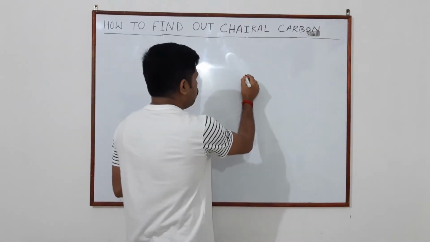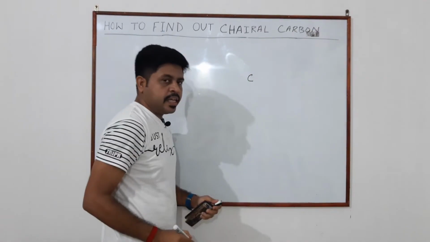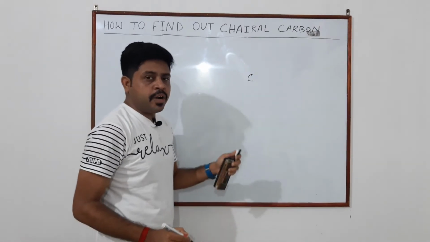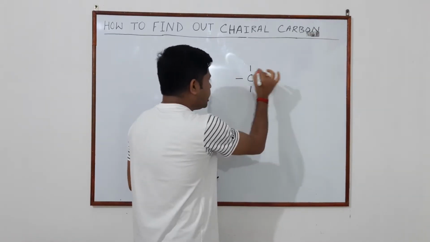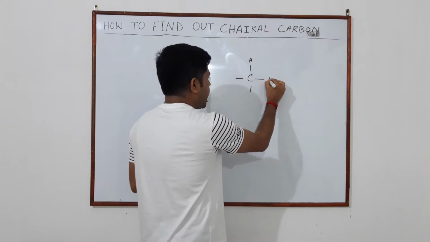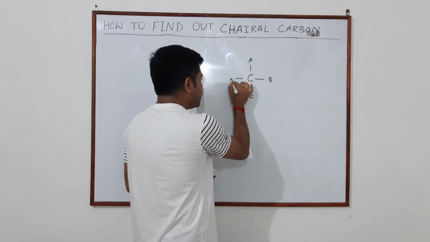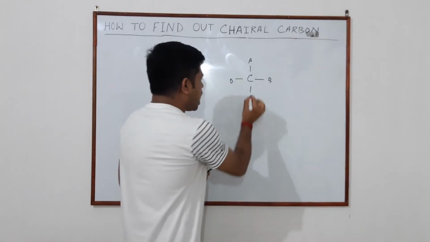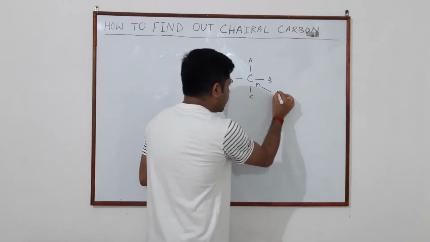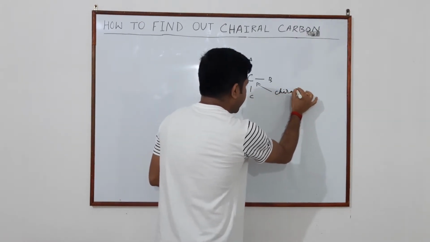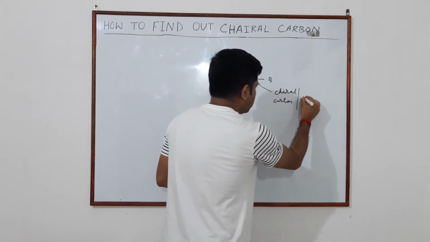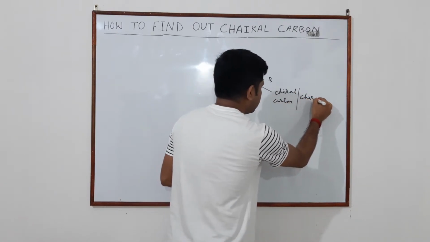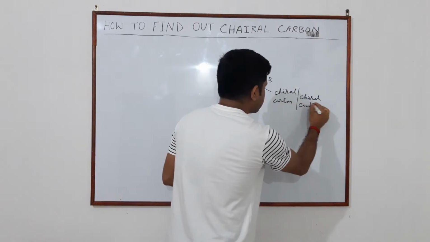Suppose you have one carbon atom here, and if this carbon atom is attached with four different groups, A, B, C, D, then this carbon is called chiral carbon or chiral center.